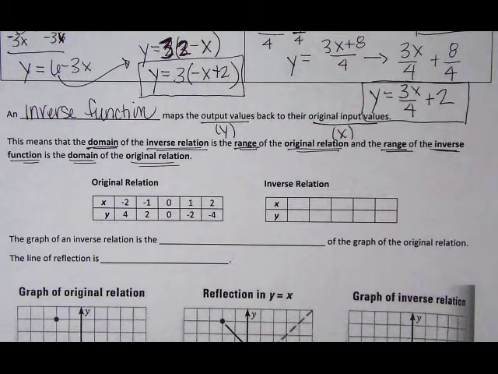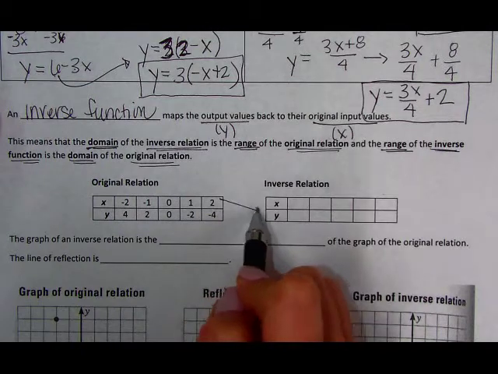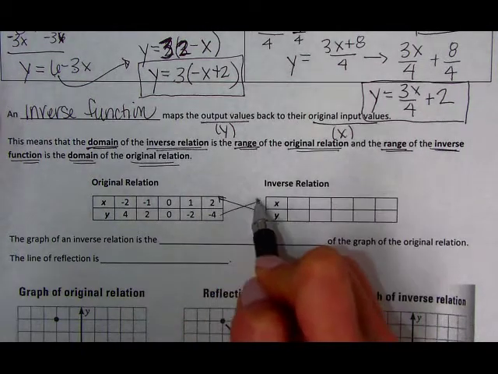Basically, it just means what you have for your x becomes the y of your new inverse function, and your original y becomes the x of your inverse function. So we're going to talk about an example really quick.